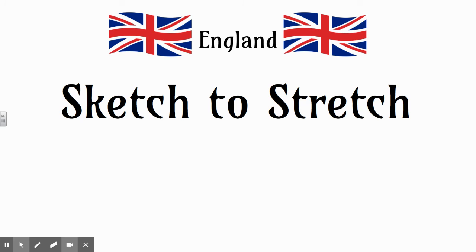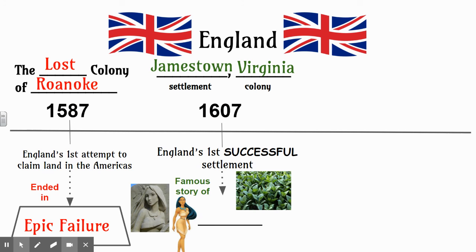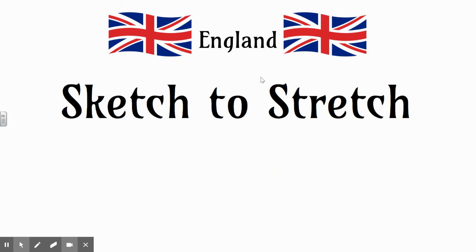We are going to stop and you are going to watch the next video, and it says Jamestown Sketch to Stretch. What you're going to be doing is you'll need some scrap paper and you'll follow the directions in the video, but you will be learning the story of Jamestown and England's first successful settlement that starts the colony of Virginia. And to do that, I will be reading paragraphs to you of the story.